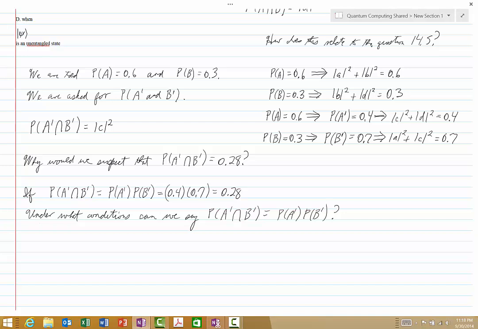So the assumption here that the probability that both events will happen is simply equal to the product of the probabilities of the independent events, that assumption is good only when the events are independent. So we can say this assumption is valid only when the events are independent.